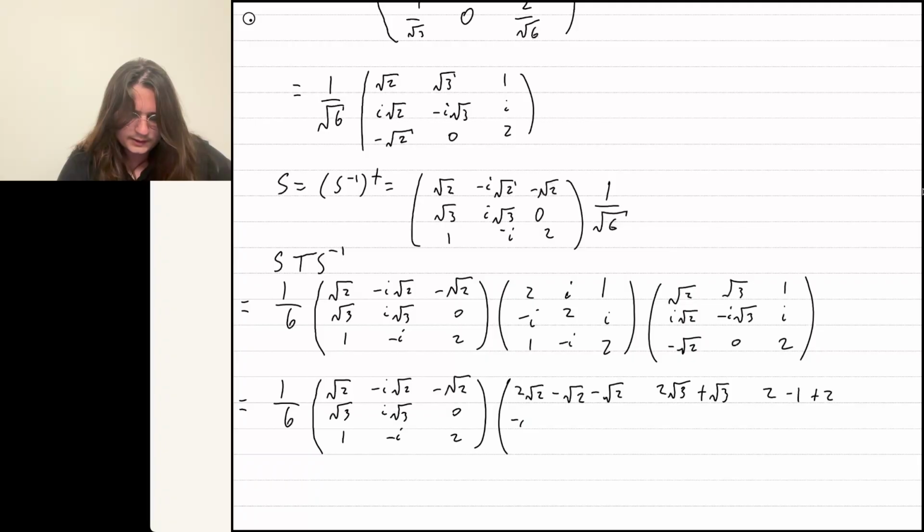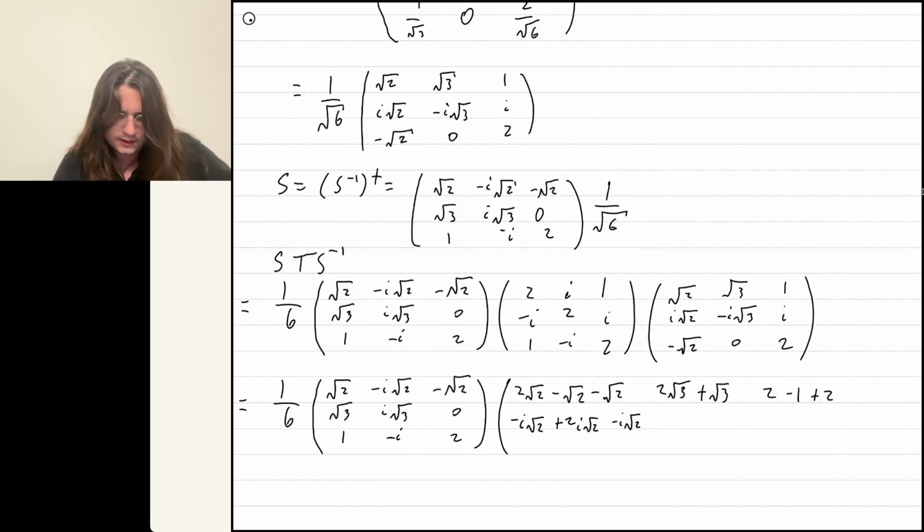This is minus i root 2, this is plus 2i root 2, this is minus i root 2. And then here, minus i root 3, minus 2i root 3, and then 0. Or actually, not i there. It's minus i plus 2i plus 2i.